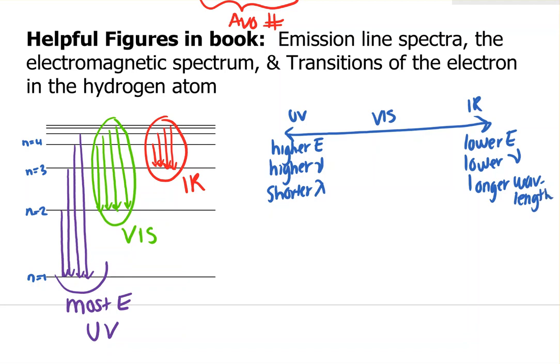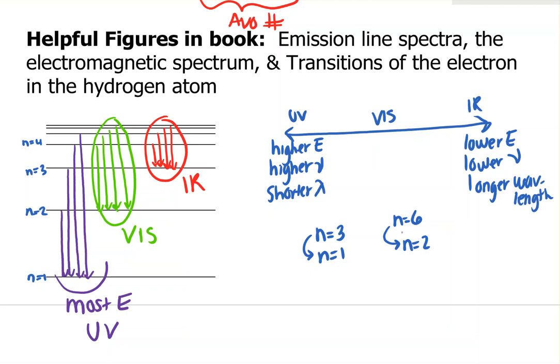So you see we could make some statements: if you compare a transition of n equals 3 to n equals 1 versus if you went from 6 to 2, it doesn't matter how many energy levels are involved in the transition.